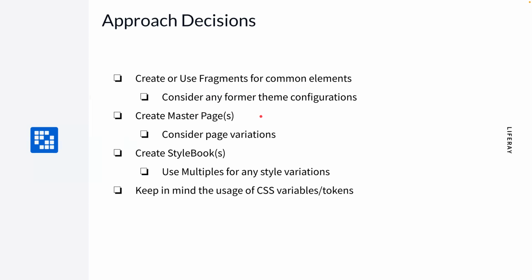You're going to create a master page or master pages, because maybe you've got some variations. And then we're going to create our style book, obviously, and you can use multiple for other style variations that you might have. And then, like I said a minute ago, keep in mind the usage of the CSS variables and tokens as you're making this transition.